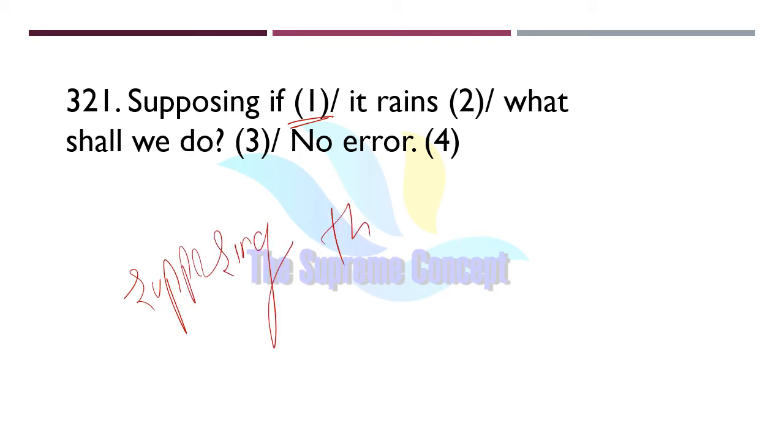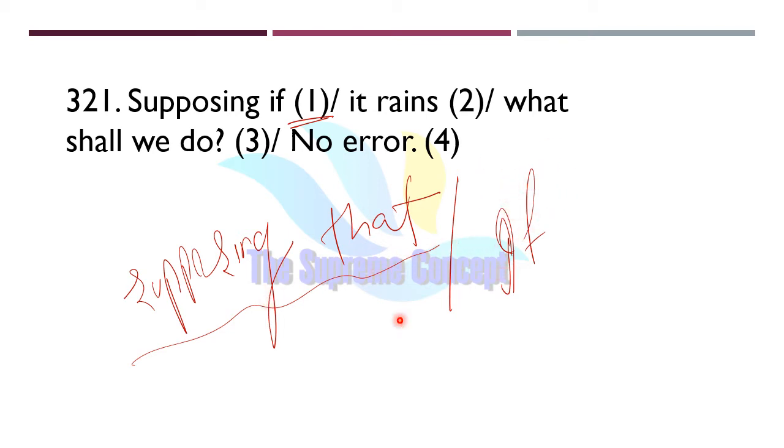Supposing that it rains, what shall we do? Okay, we can use that, or else we can simply use if here. Okay, if it rains, what shall we do? So both conditions can be possible here. We can either use suppose that, or if it rains. Okay, so supposing if is wrong here.